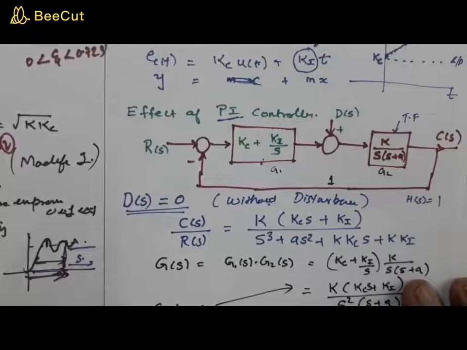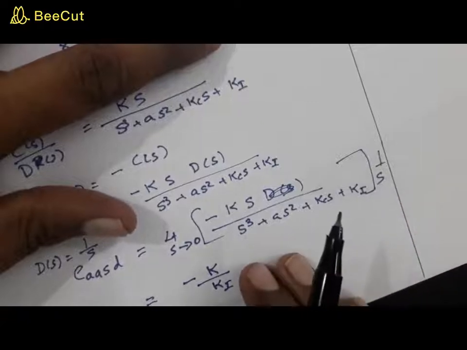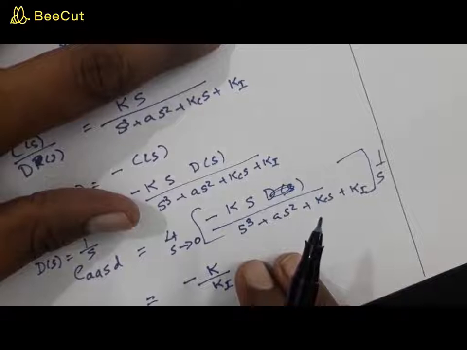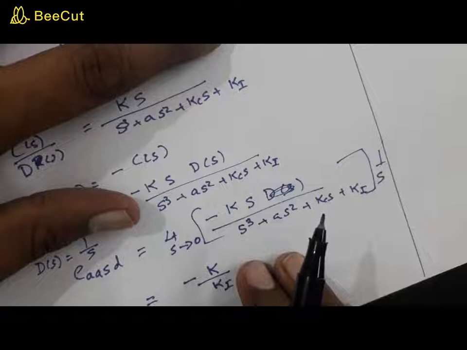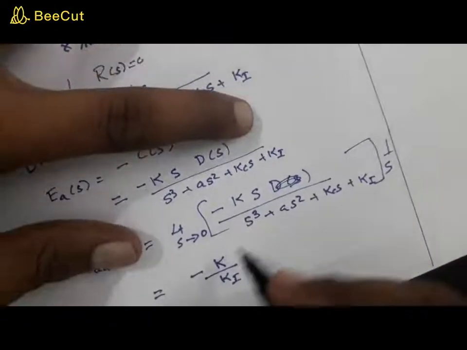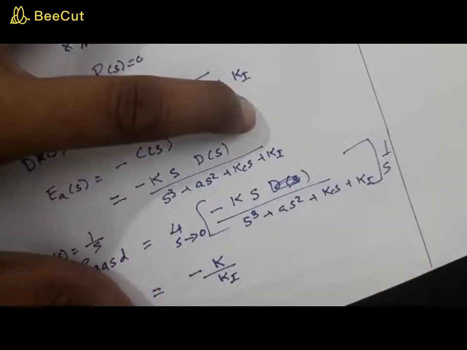Now let us see what will be the characteristic equation of this system, the PI controller. Characteristic equation is 1 plus G(s)H(s) equal to 0.